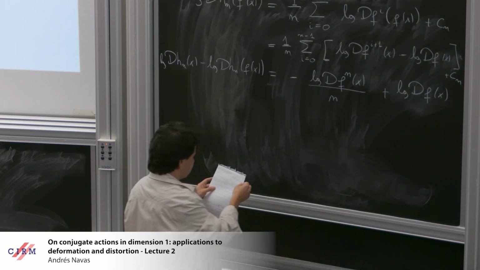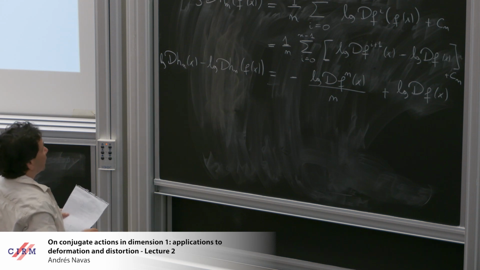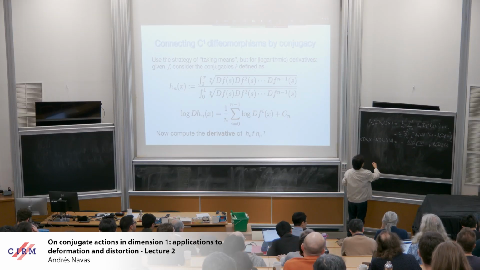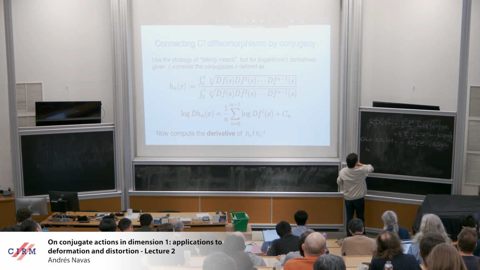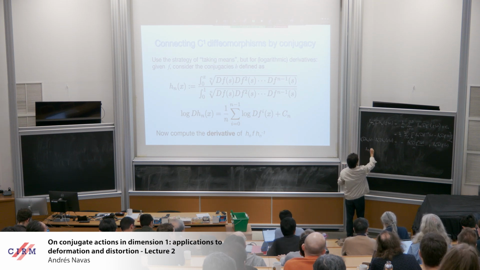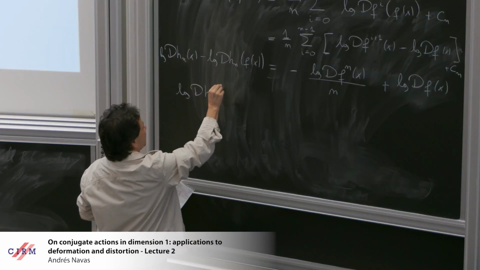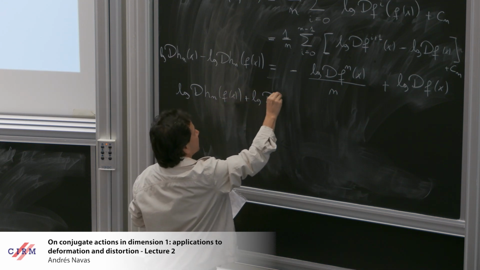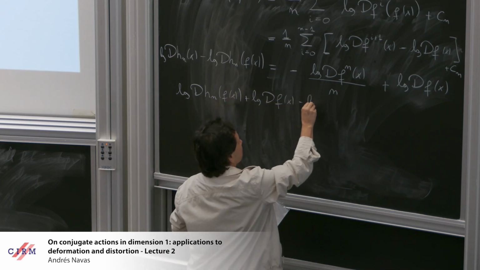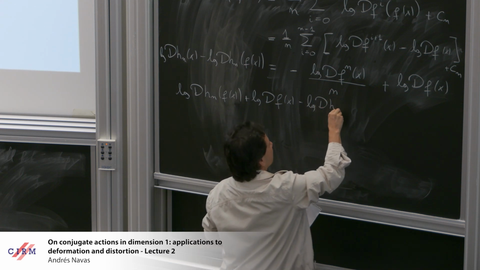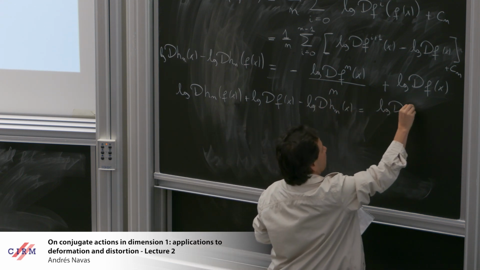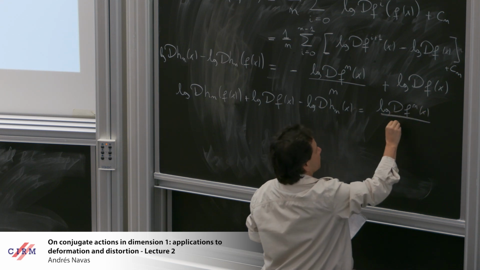And in the end, this is very, very nice. So in the end, I will change this expression here. What we are getting is that the logarithm of the derivative of f minus the logarithm of the derivative of Hn is equal to the logarithm of the derivative of f^n at x divided by n.